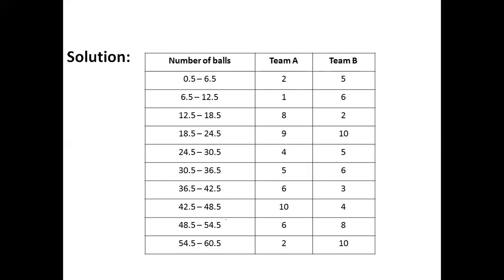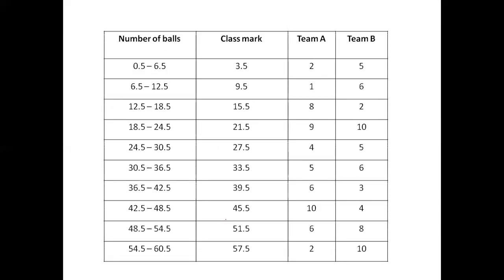Now we will find out the class mark. So we will take the first interval, that is 0.5 to 6.5. Here the upper limit is 6.5 and the lower limit is 0.5. The class mark will be 6.5 plus 0.5 upon 2, which is 7 upon 2, which is 3.5. Now I will use this information and construct this table.